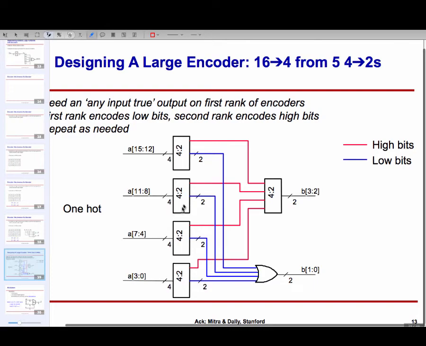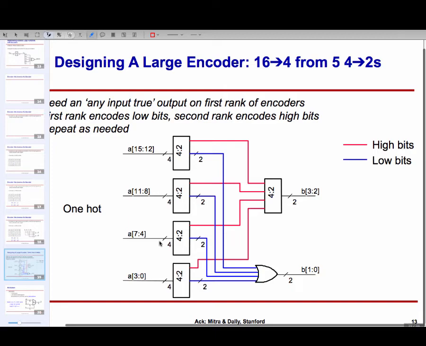Then this encoder is going to see a 1 in its 3rd bit, but the top encoder and the bottom 2 encoders are going to see all zeros. So I need to handle this case somehow now.